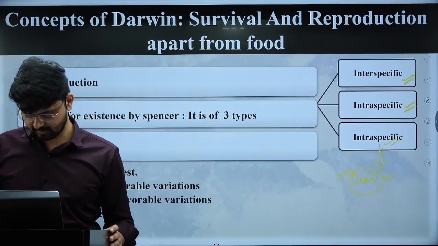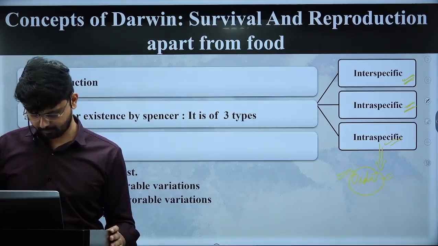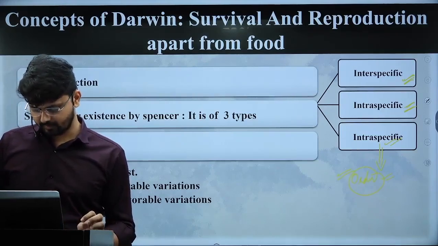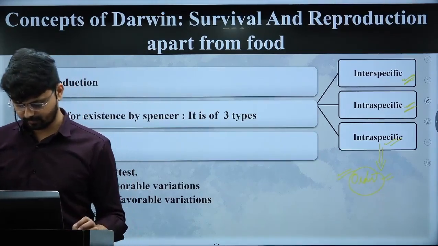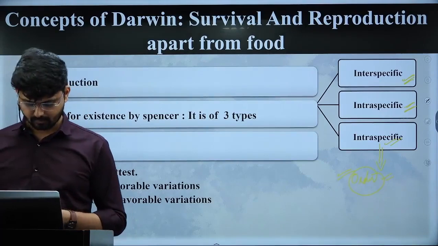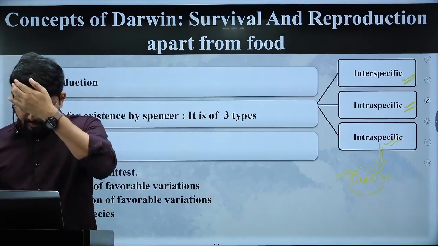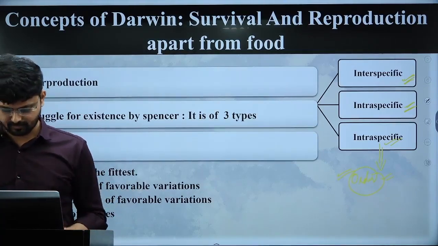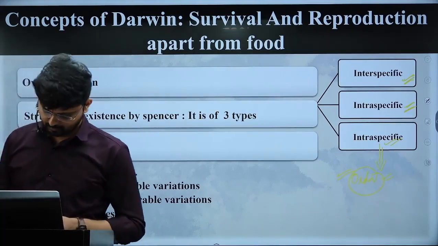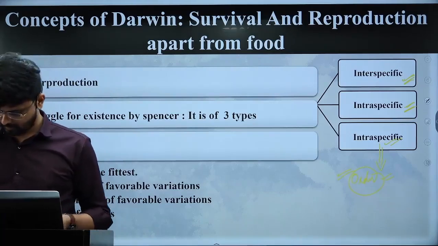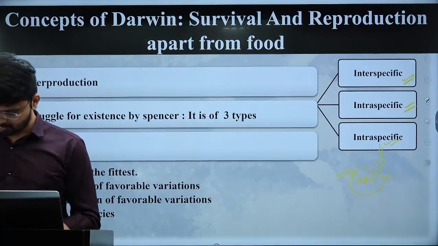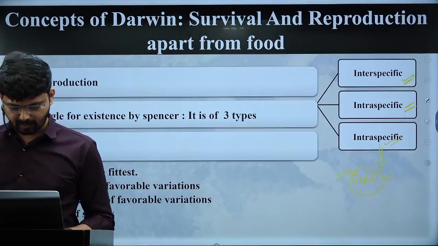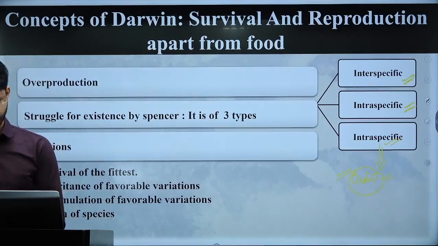Second, interspecific struggle: struggle between two different species. Example, predators and prey.